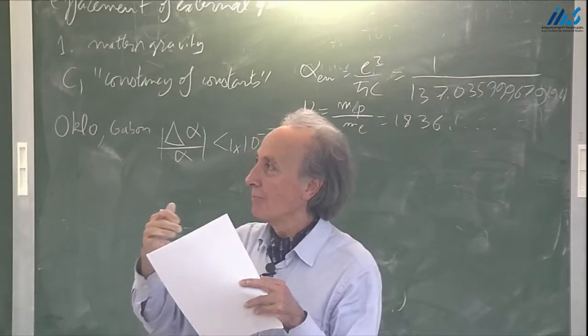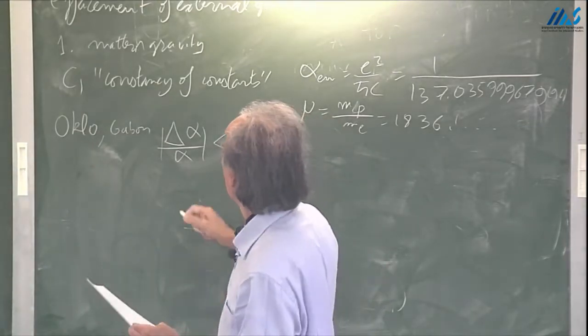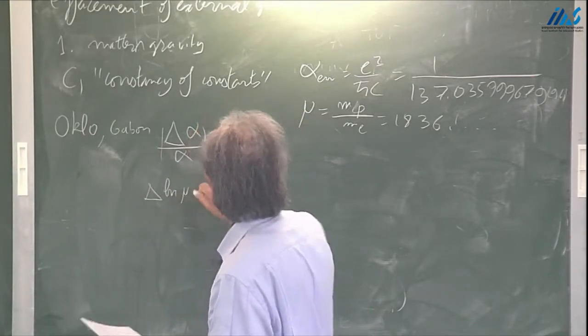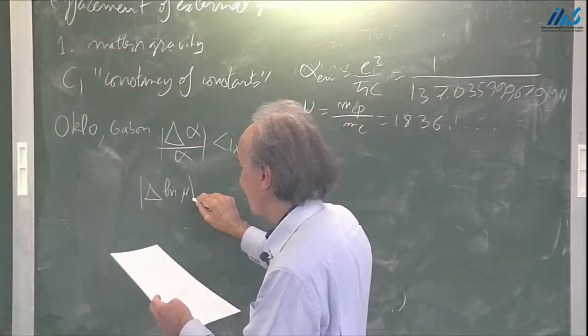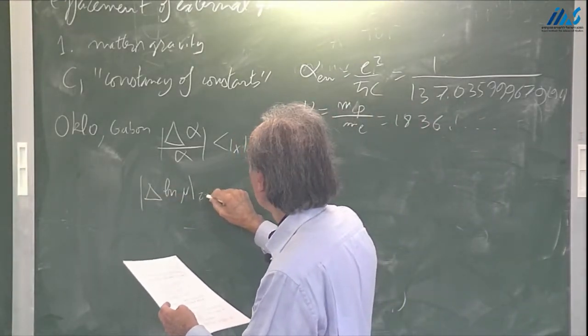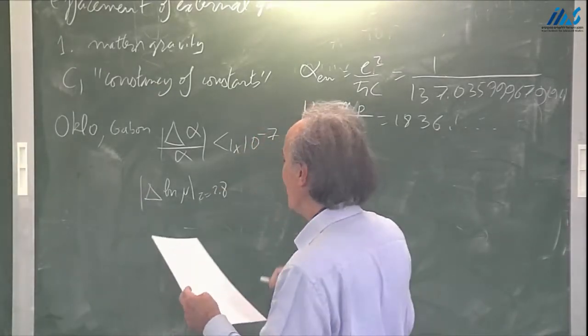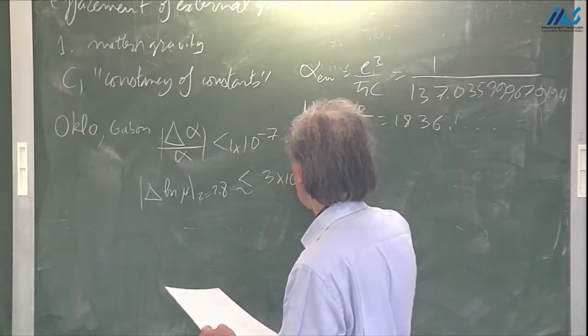You can observe atoms which are in very far away galaxies at some redshift. And one of the best measurements, for instance, is the fractional variation of the proton to electron mass ratio at a redshift of order 2.8, which starts being sizable in the universe. This has not varied by more than 3 × 10⁻⁶.